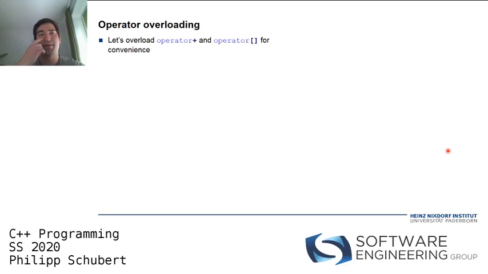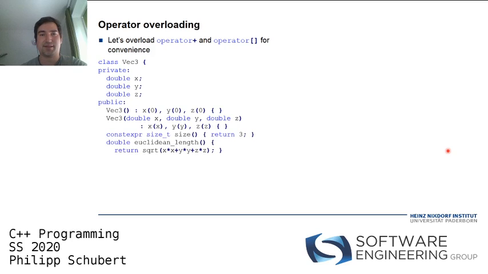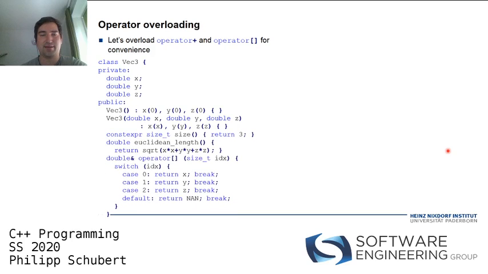So far, so good. Maybe let's overload some more operators. Let's overload operator plus and also operator squared brackets for convenience, such that the type can be used more effectively. This is all the same as on the last slide, and now here is what's new. We overload the squared bracket operator, which is usually an operator that can be used to access some data within a type.